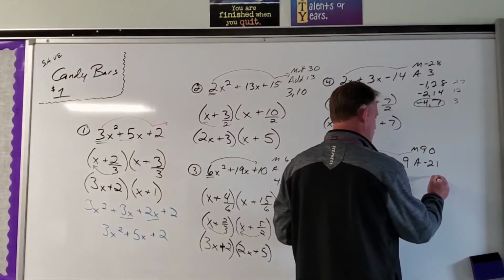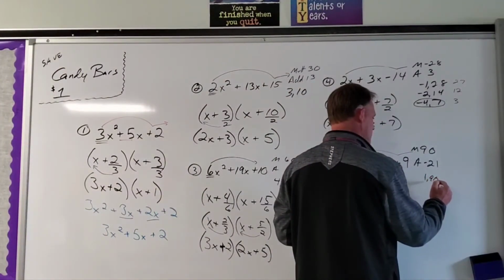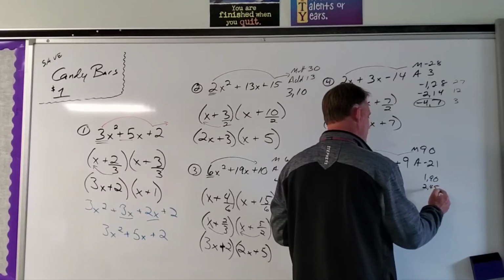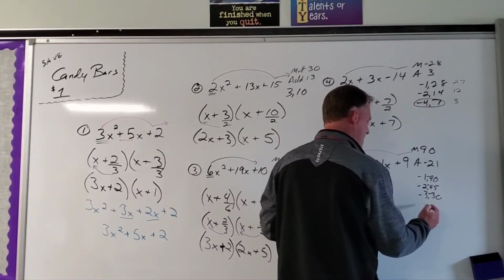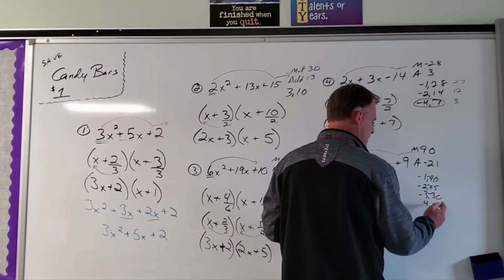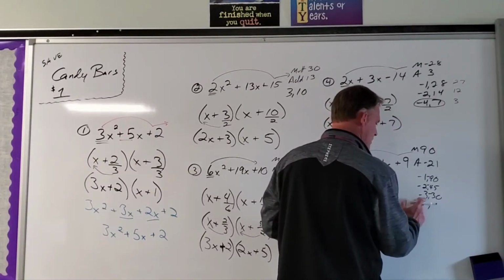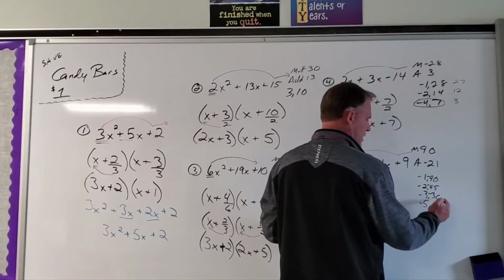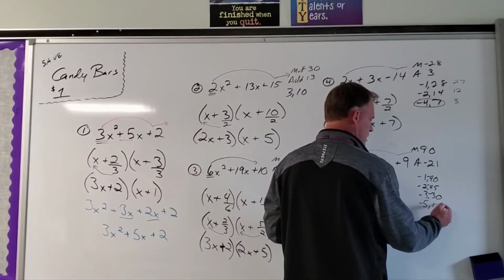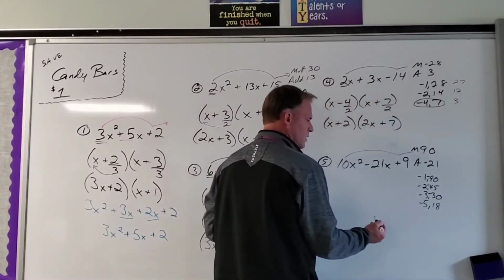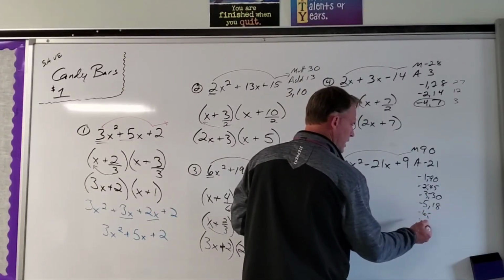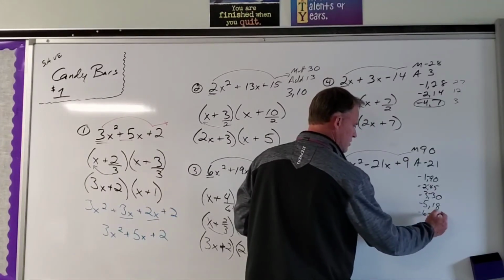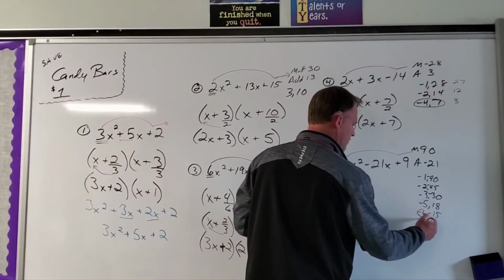So I look at the list. 90, 2 and 45, 3 and 30, and they're both negative. 4 and 4 doesn't work. 5 and 18. 6 and 15. And right there I found my combination.